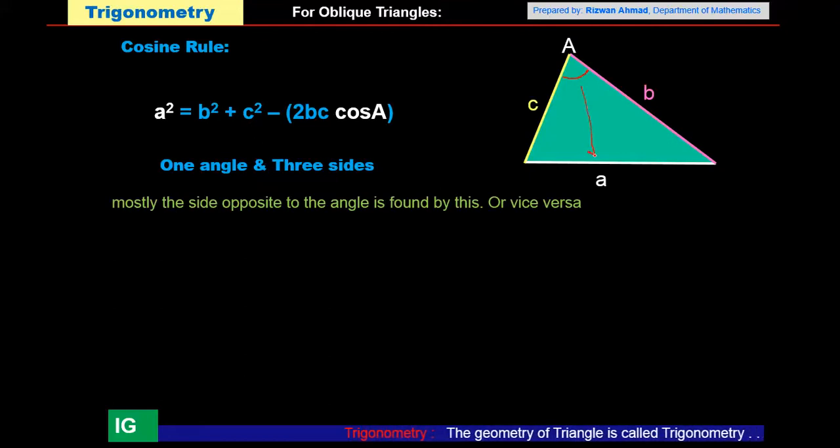The side opposite to that angle is A. So we say A square is equal to B square plus C square, the sum of the squares of the other two sides, minus 2 times the product of these two sides B and C and cosine of the angle between these two sides B and C. So this is called the cosine rule.